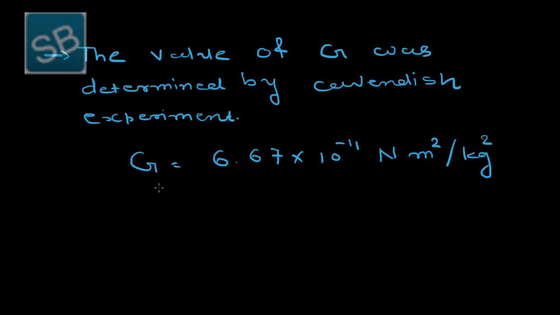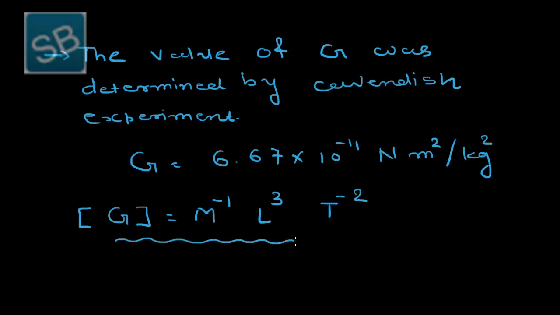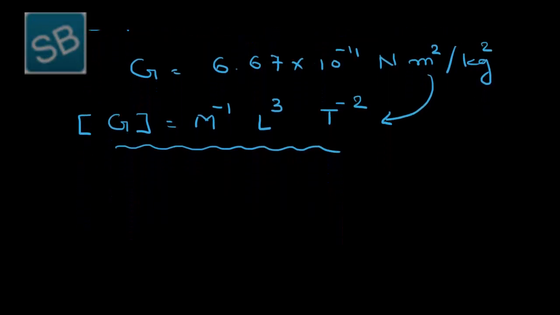So this is the value of G, and the dimensional formula for capital G is given by M to the power minus 1, L cubed, T to the power minus 2. So this is the dimensional formula for the gravitational constant, and you can determine this from the unit. So this is up to you.